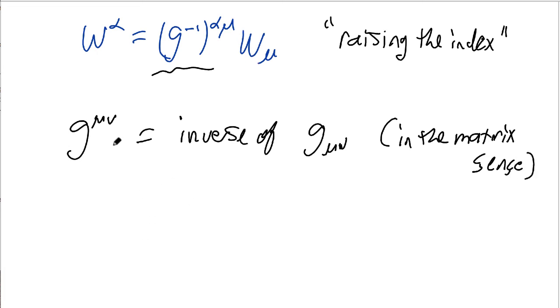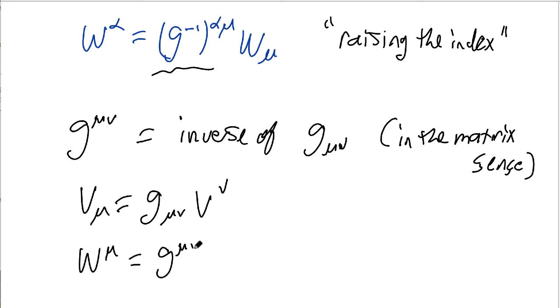Okay, so we can always distinguish between the inverse and the metric components themselves by the placement of the indices. So the metric itself has components with subscript indices, and its inverse has superscript indices. Right? Now, given this notation, the relationship between vectors and covectors determined by the metric is just given by V mu equals G mu nu V nu, or W mu equals G upper script mu nu W nu. So that's actually the inverse metric, and this is the metric itself.